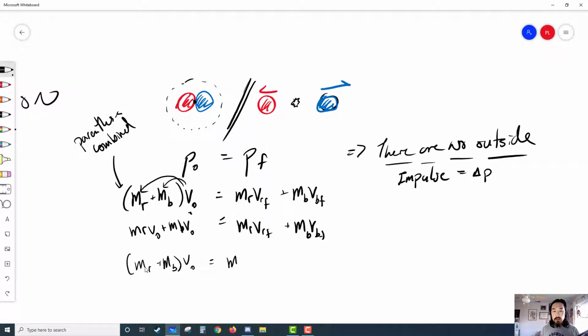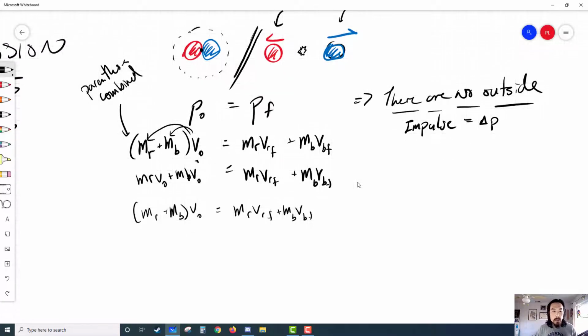I'll write that out again because we're going to be using that again. What this tells us is that the forward momentum of the blue ball is equal to the backwards momentum of the red sphere. If we take a look at this equation down here, this is an equation that we've already discovered.